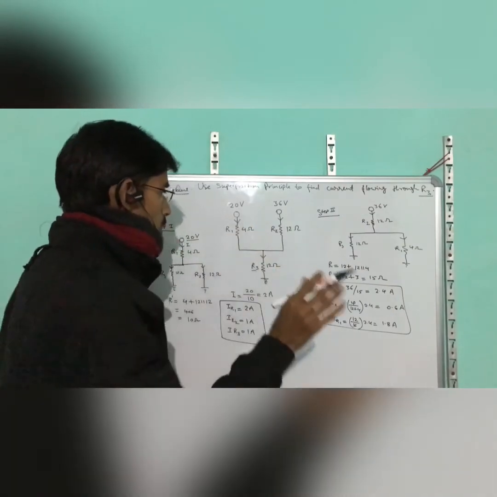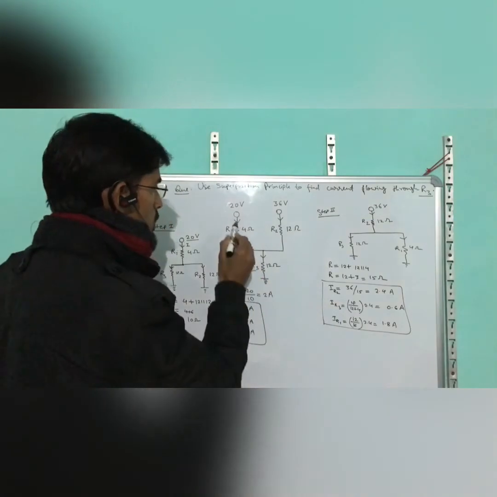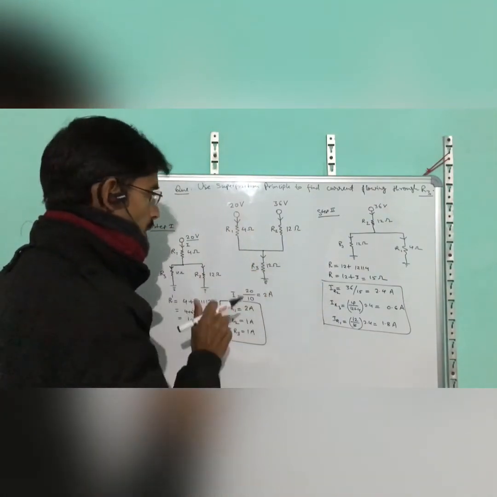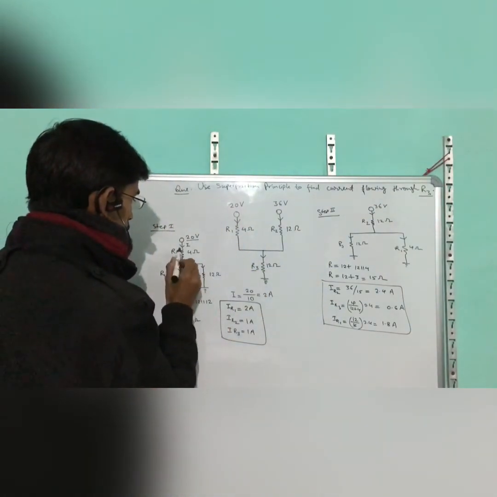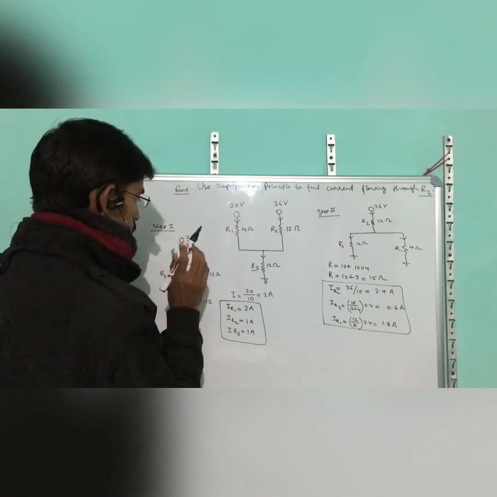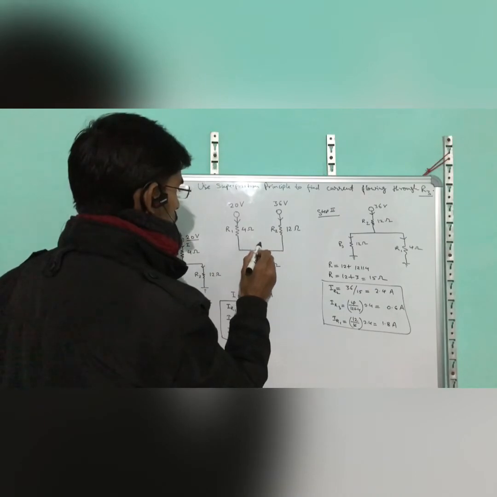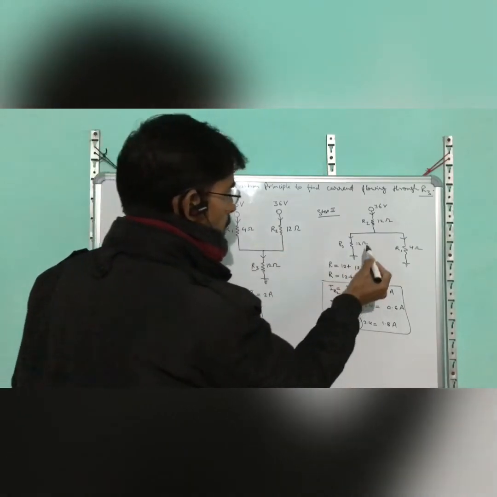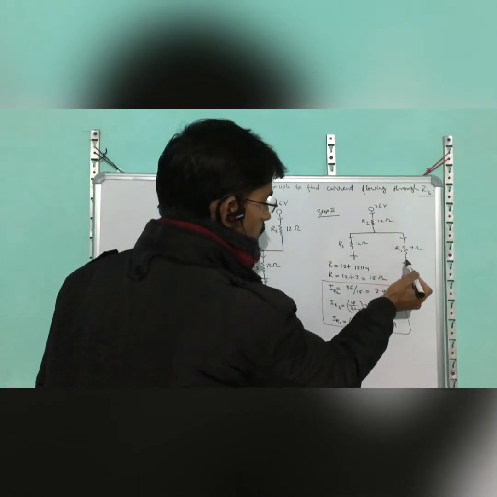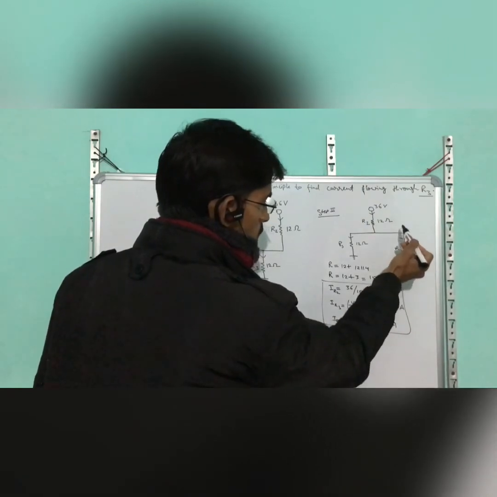So let us see how current is flowing through the R1 in both the steps. In R1, first, positive to negative, okay, so it is 2 ampere, and in second step R1 is going from here, this is negative terminal, so this is opposite.